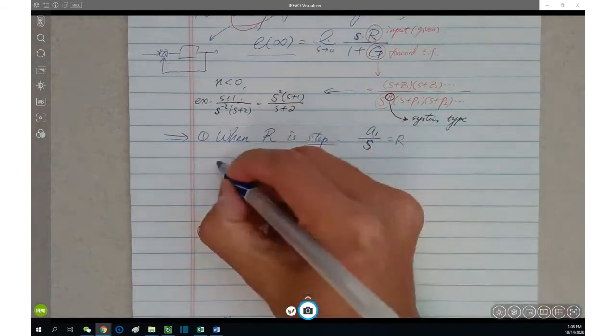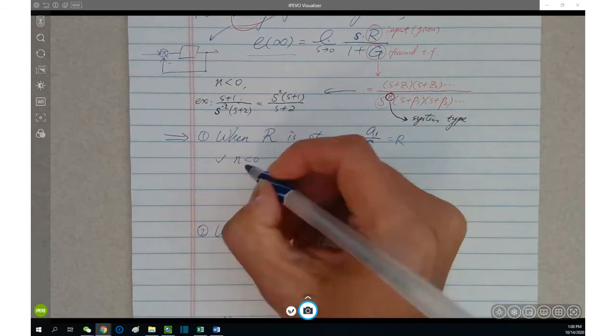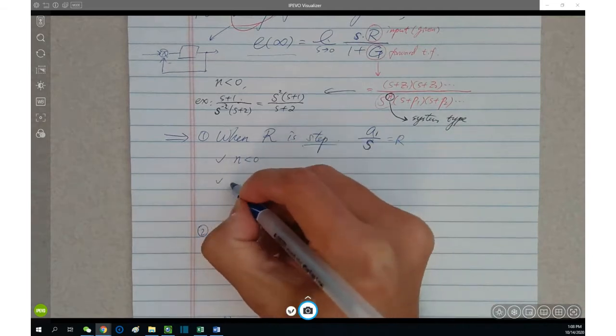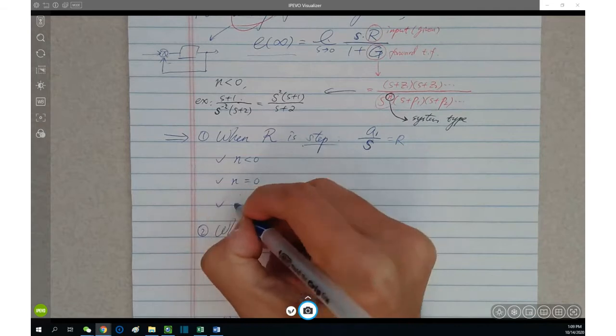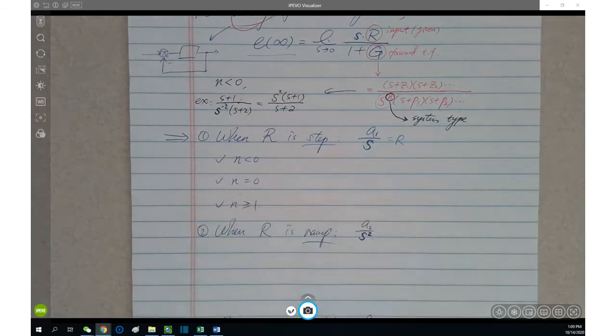So when n is less than 0, or n equals 0, or n is equal to or greater than 1, this is trying to cover all of the possible integer values of n, because n obviously is an integer.